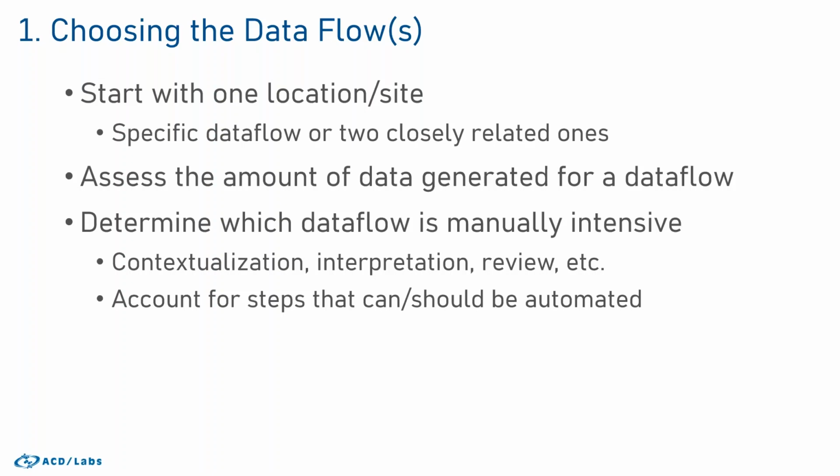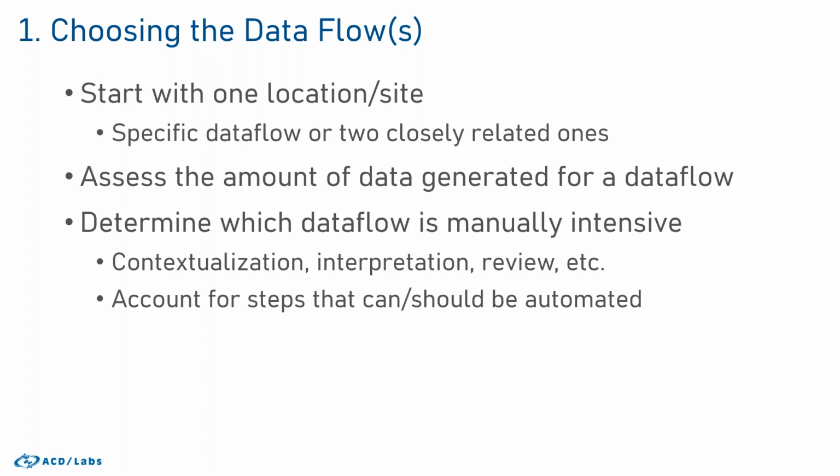Assess the amount of data that's generated for a workflow. And this goes on to the next point, because if you have a data flow that creates a significant amount of data, then this is a good candidate for some sort of automation. Right? Determine which data flow is manually intensive. Do you require the data to be transferred from one location to another? Do you need some sort of data processing and interpretation? Do you need to have some contextualization?